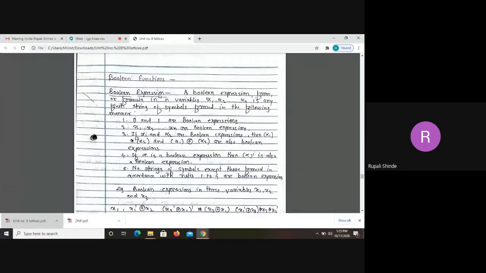Again x1 XOR x2, x1 star x2, x1 star x3. Likewise, we can define any number of Boolean expressions from these three variables, using the star operation, XOR operation, and complement operation. So this is a Boolean expression.